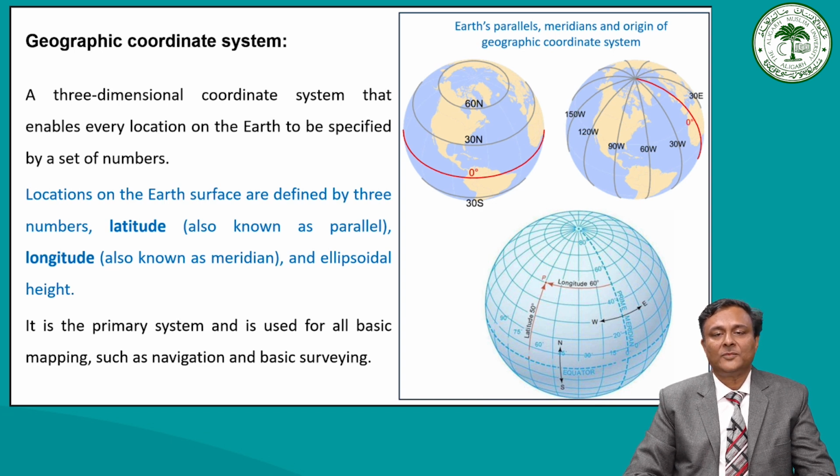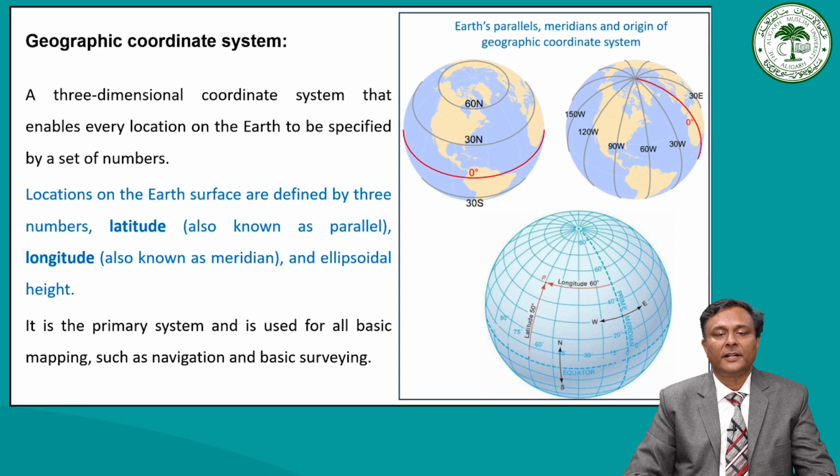In this diagram, you can see the Earth's parallels, the latitudes, the meridians, that is longitude, and the origin of the geographic coordinate system. It is a three-dimensional coordinate system that enables every location on the Earth to be specified by a set of numbers, in the form of latitudes that are horizontal and longitudes which are vertical.